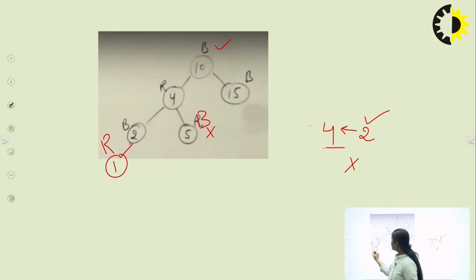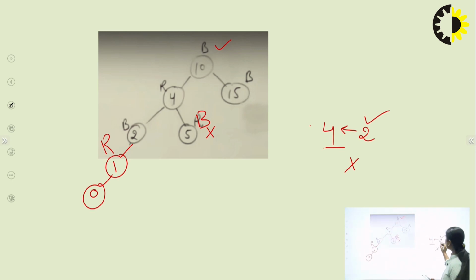Now suppose we add a node having key 0, the color is whatever, but it is actually not possible because the path is 1, 2, 3, 4, 5, which exceeds the twice property.